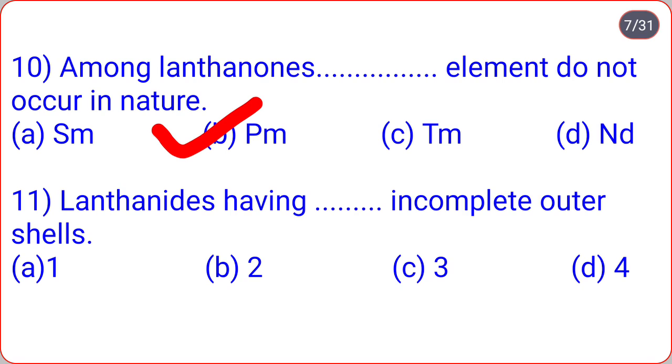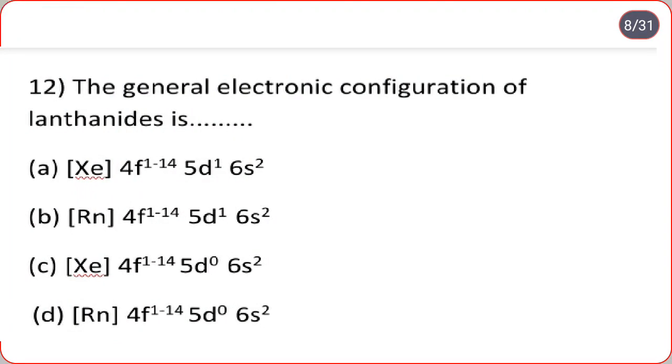So lanthanides have how many incomplete outer shells? That is 3. The general electronic configuration of lanthanides is: the correct option is A, that is xenon core, 4f 1 to 14, 5d1, 6s2.